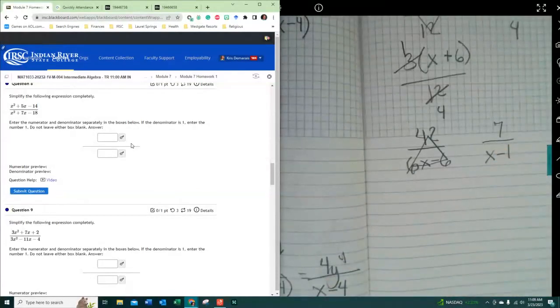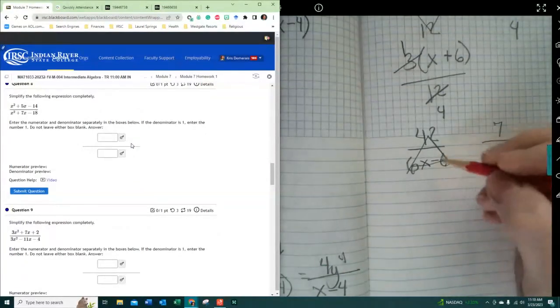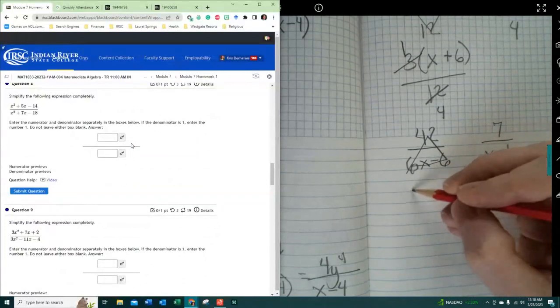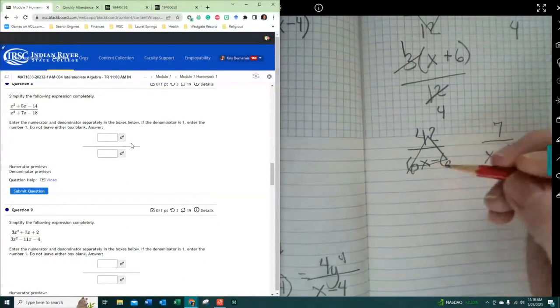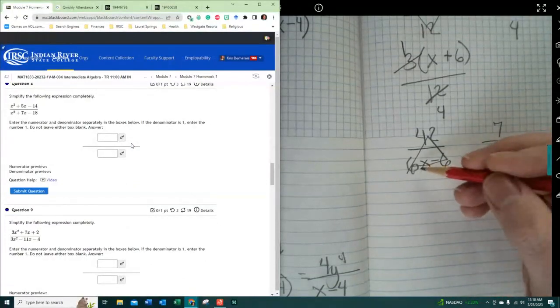Now if you have been troubled by factoring in the past, students get stronger at factoring when they do this particular lesson. They just start to understand factoring because you're going to do a lot more of it. What two numbers multiply together to create negative 14 that add up to 5?